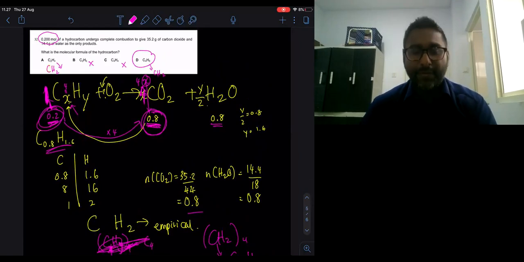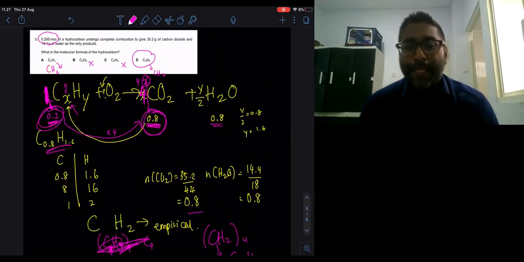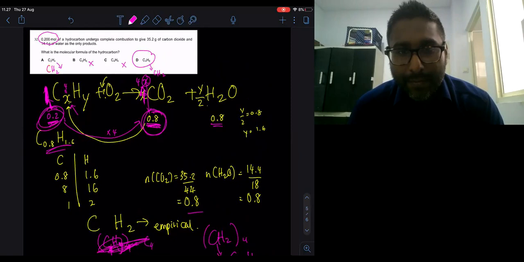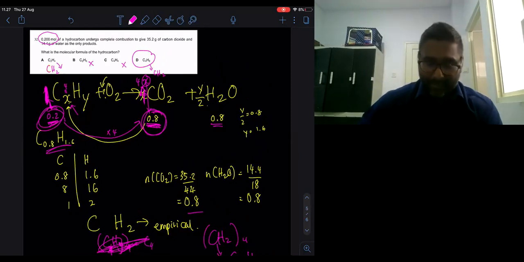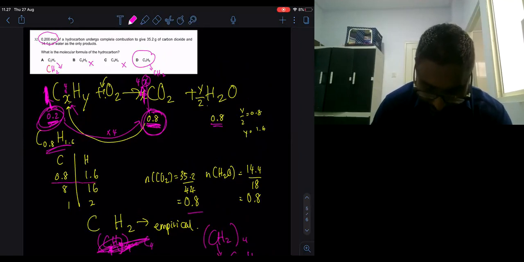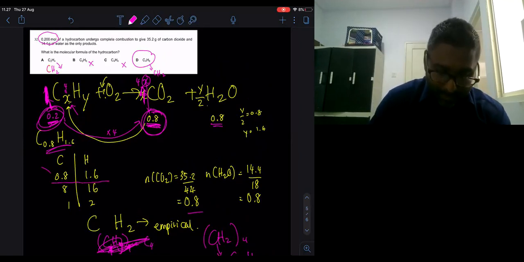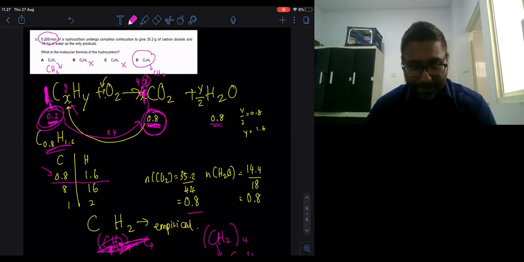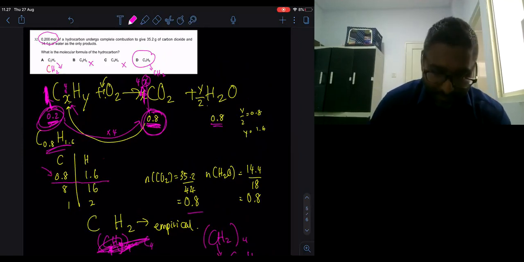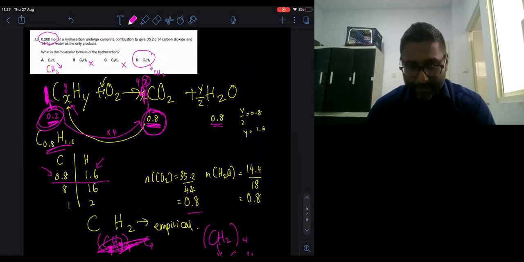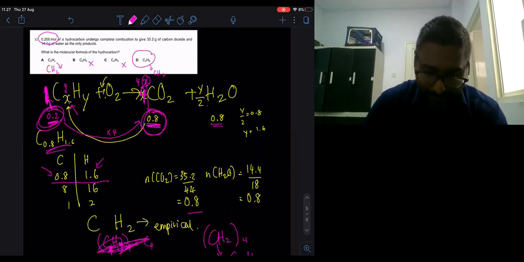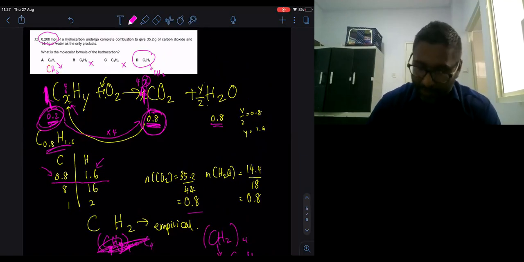Is there any question on this? So how'd you get 1.6 for H? Yes, for H, you get 1.6. Can you see here? This is 0.8 and this is 1.6. How do we get 1.6?